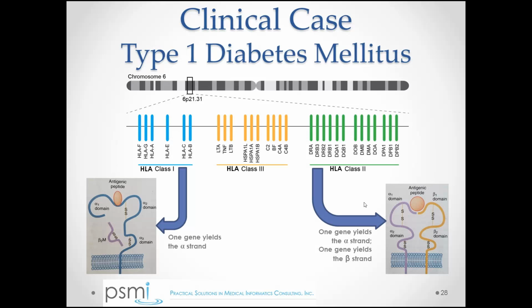And what's interesting here is that, as you can imagine, the actual amino acid sequence of the antigen groove would determine what types of antigens that HLA protein can bind to and therefore present to the T lymphocytes in order to mount an immune response.